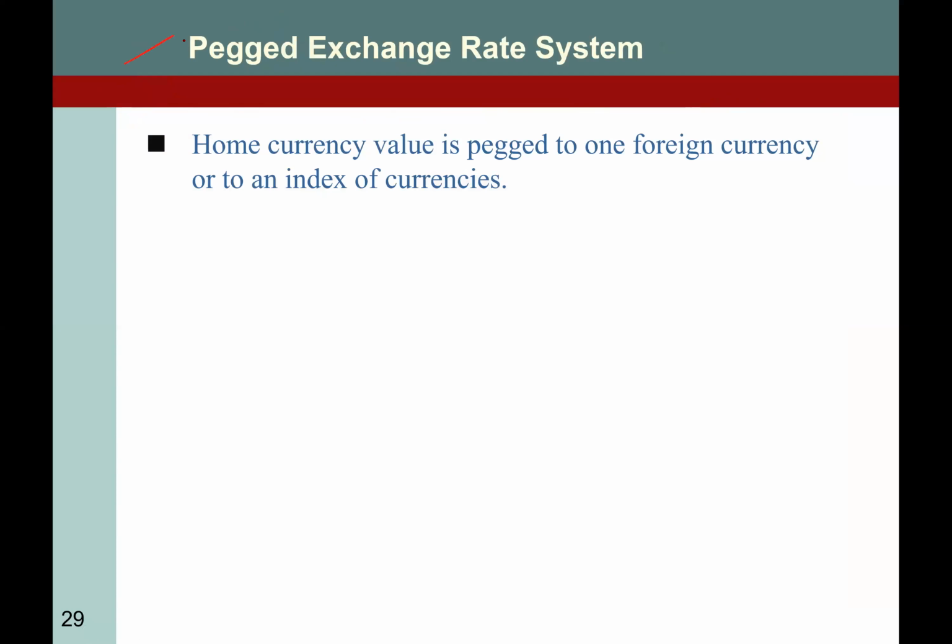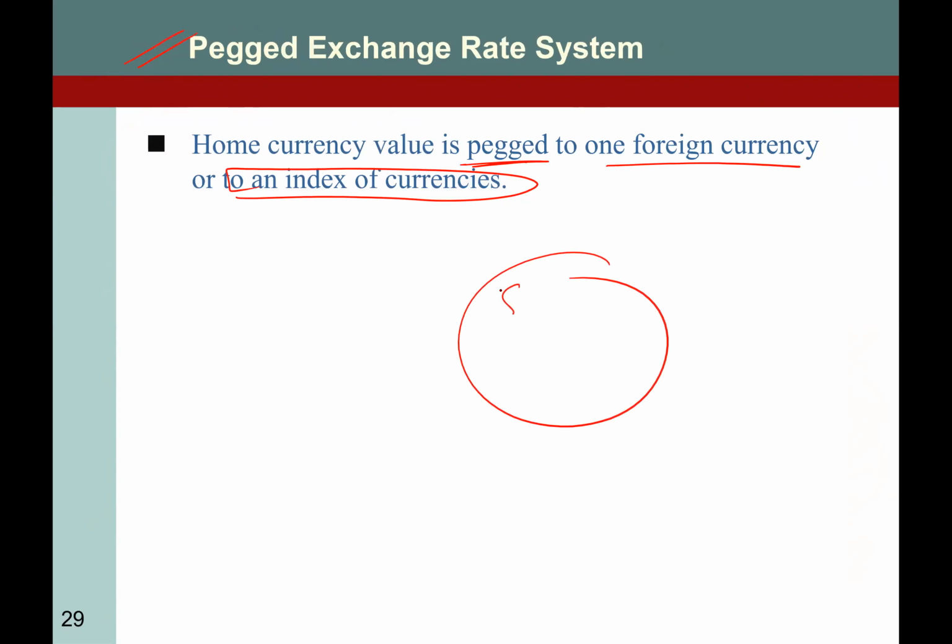And now the pegged exchange rate system. Peg means when you attach something to your currency. So the home currency's value is pegged to one foreign currency or an index of currencies. Index of currencies means you have a pool of dollar, pound, yen, yuan, euro, and, for example, this is the Mexican peso.